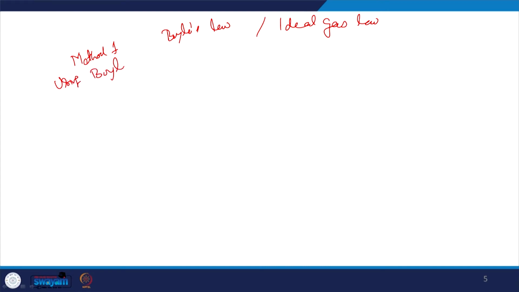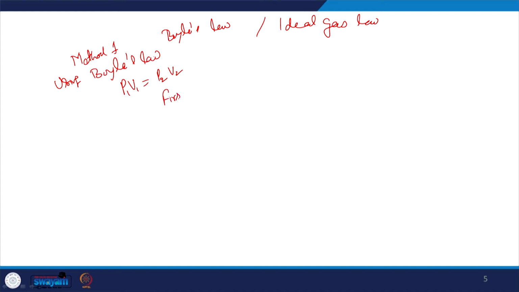Now, this problem can be solved using either Boyle's law or the ideal gas law. So, let us talk about the first method, using Boyle's law. So, it is P1 V1 is equal to P2 V2.